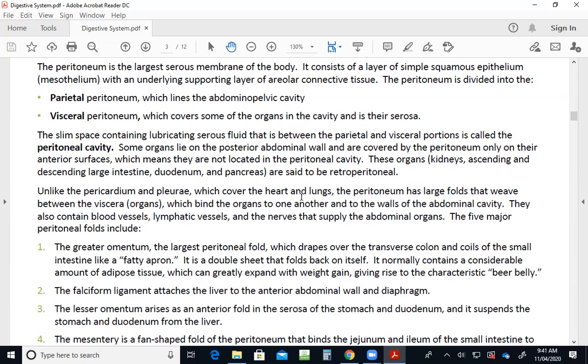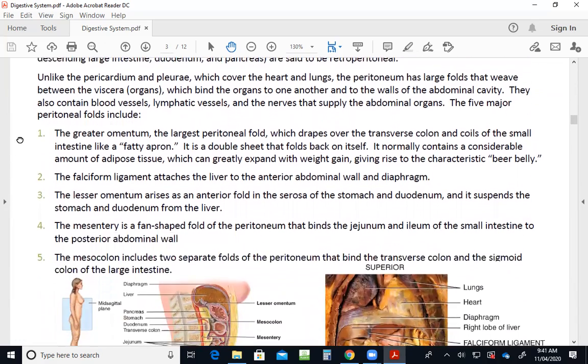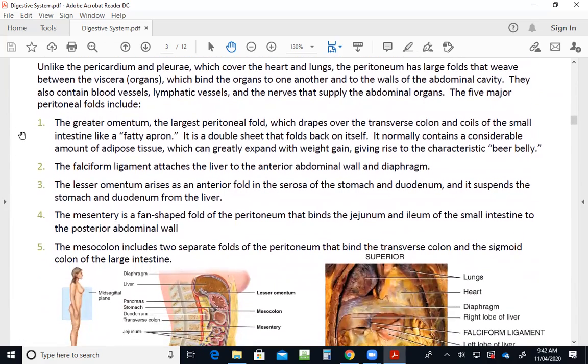This includes the kidneys, which are not a digestive organ but a urinary organ that we'll talk about next week, the ascending and descending large intestine, the beginning of the small intestine, the duodenum, and then the pancreas. We call those organs retroperitoneal. That's a term that we described in that very first lecture of the semester, and I said at the time we'd talk about them again. Here we are talking about them.